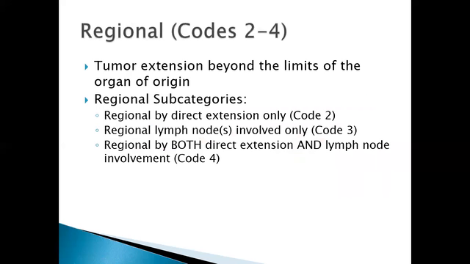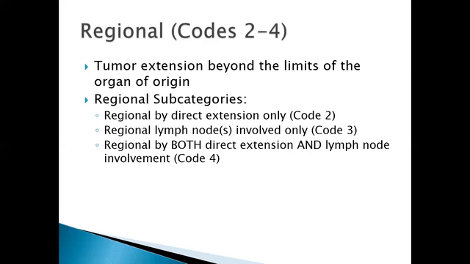Regional stage is perhaps the broadest category as well as the most difficult to properly identify. The brief definition of regional stage is the tumor extension beyond the limits of the organ of origin.